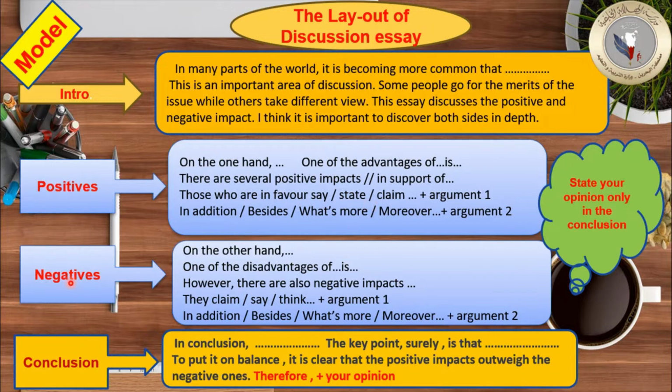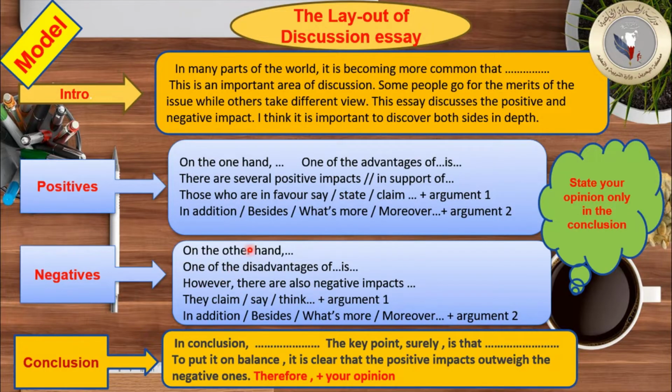Then we come to the third paragraph, which is the negative. By the way, you can exchange. You can start with the negatives, then comes the positive. It's up to you. I prefer myself to start with the positive side, the bright side or the advantages. Then I can add the disadvantages, the negative side.